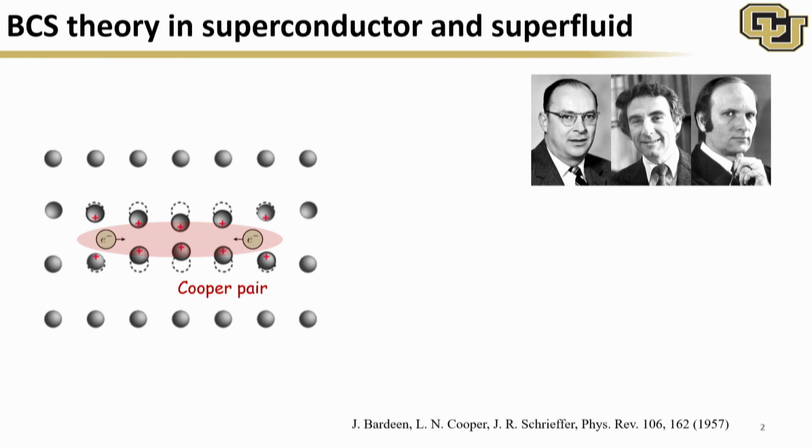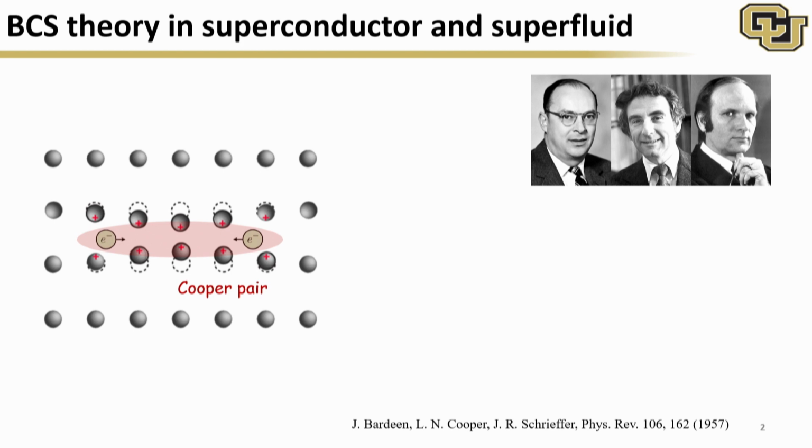Before we get into the details of our research, I would like to briefly introduce BCS theory, proposed by Bardeen, Cooper, and Schrieffer in the 1950s. The key idea is that when two electrons move in a crystal, they can couple to the phonon, the vibration in the crystal, forming an effective attractive interaction between the two electrons.